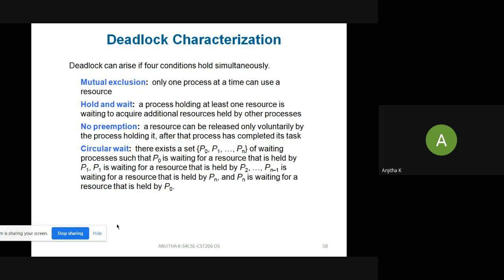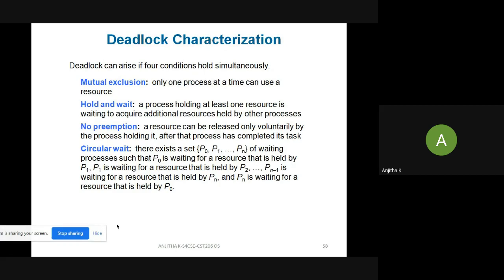Then this is very important: deadlock characterization, or what are the four conditions necessary for the deadlock to occur? For deadlock to occur, there are four conditions. If these four conditions hold simultaneously, then we can say that there will be a deadlock, and the processes will be in a deadlock state.